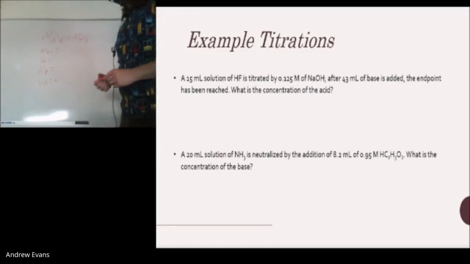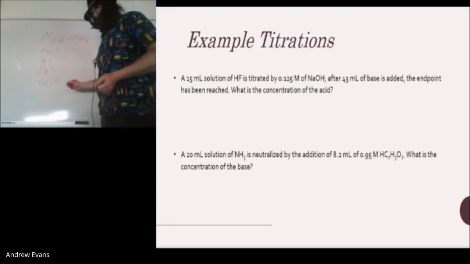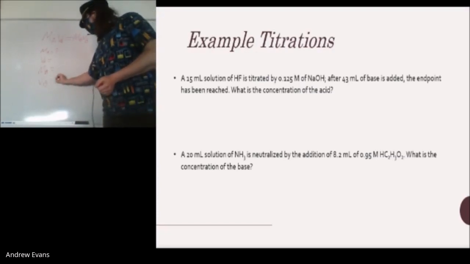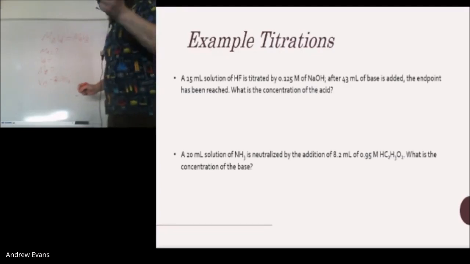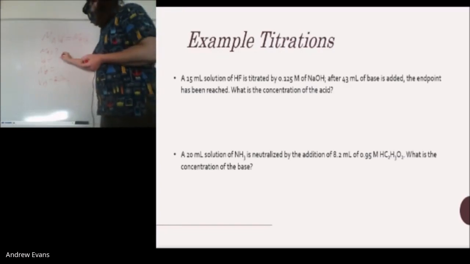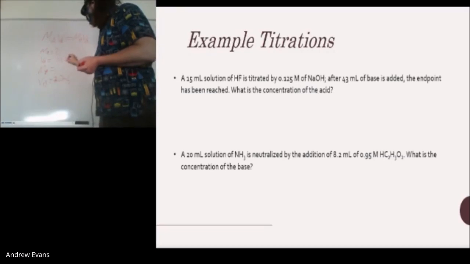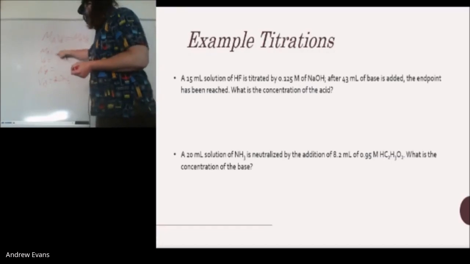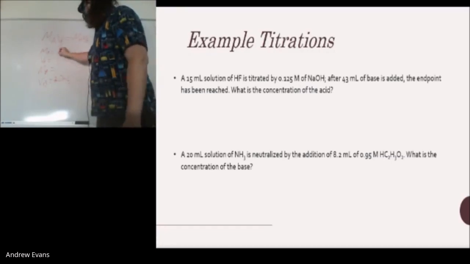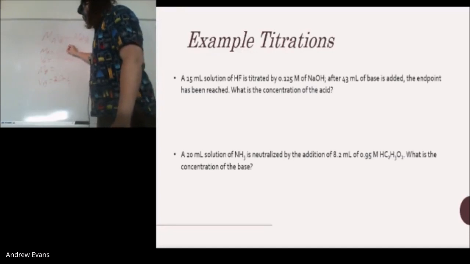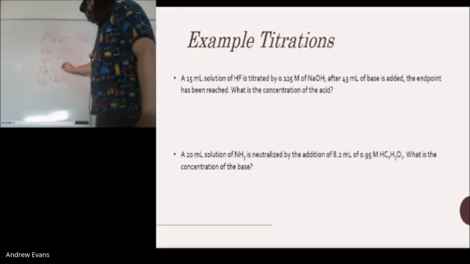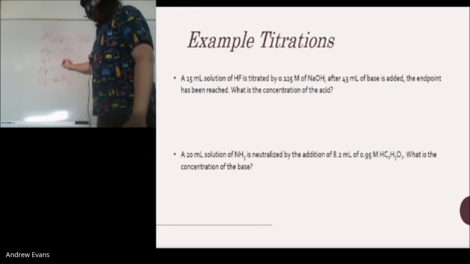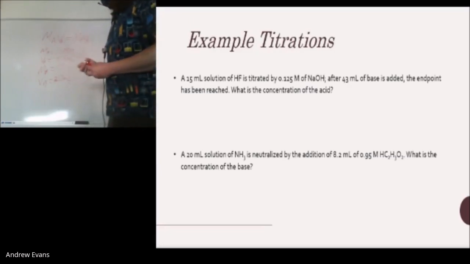So what is the concentration of the base? We have a volume. We don't know if the volume is the acid or the base, but we do know 8.2 mL of one concentration. We know these two are associated, and I want to know the molarity of the other one.